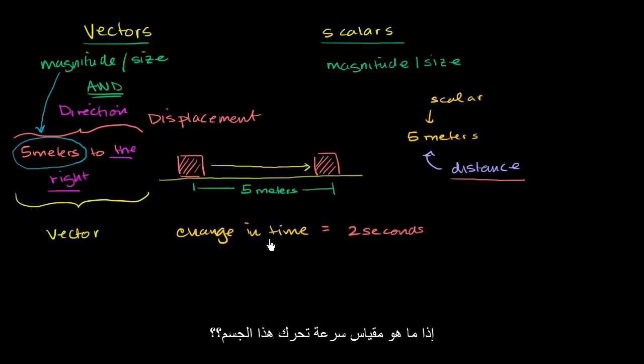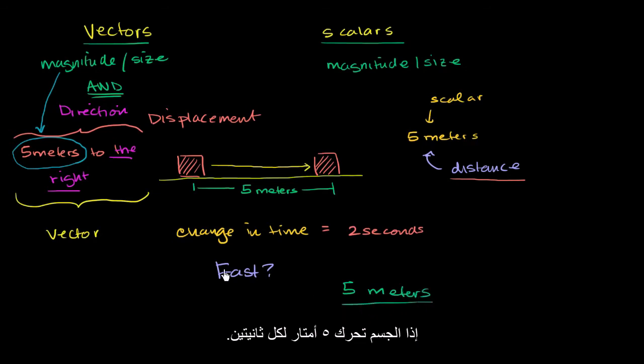So what's a measure of how fast this thing moved? We could say it moved 5 meters in 2 seconds. So let me write this down. It moved 5 meters per 2 seconds.